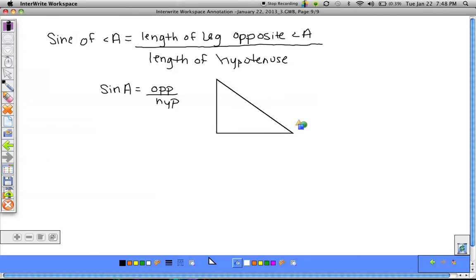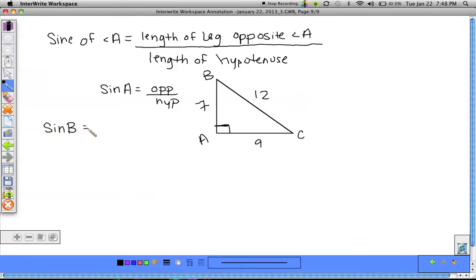So again, let's look at an example. We're going to draw a right triangle, and we'll label this one ABC, and we'll say this is 7, 9, and 12. So if we're looking at the sine of B, again, we know that that would be opposite over hypotenuse.